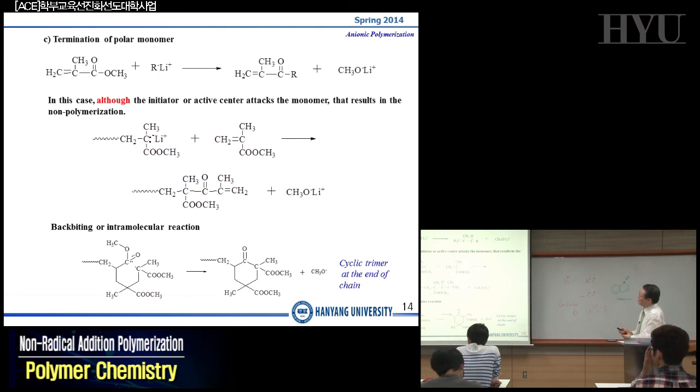And you have a methoxy lithium, and this methoxy lithium is not as reactive as methyl lithium or butyl lithium, so there is a chain transfer reaction, and this leads to terminated cases. Therefore, with polar monomers we should be very careful in the initiating steps; we should choose the right monomer and the right initiators.